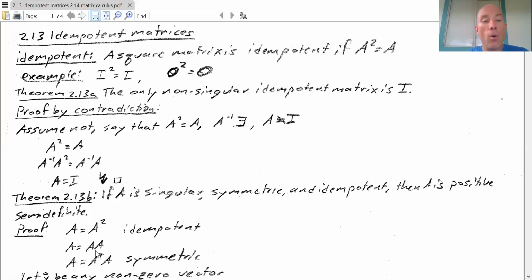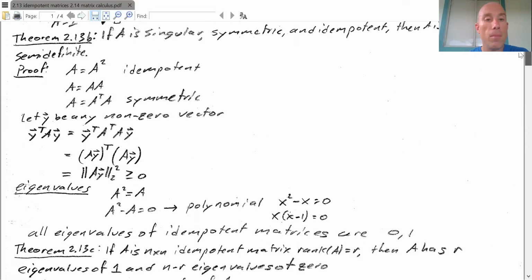Let's change this up. Let's replace the first A with A transpose. Why can I do that? Because it's symmetric. So now I've got that A is equal to A transpose A. Now let's take any non-zero vector Y and multiply by its transpose on the left and by that vector on the right.